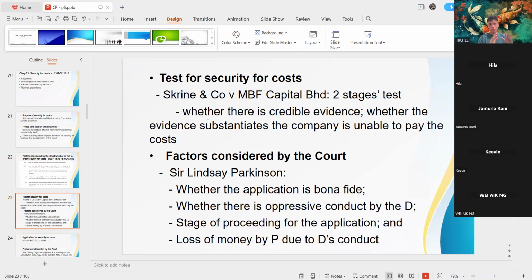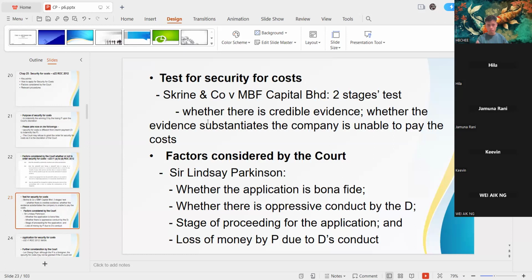The concern is that you are afraid that the plaintiff will run away and not have the money, so you want to ask the plaintiff to compensate. So the factors considered by the court, we can look into this case.